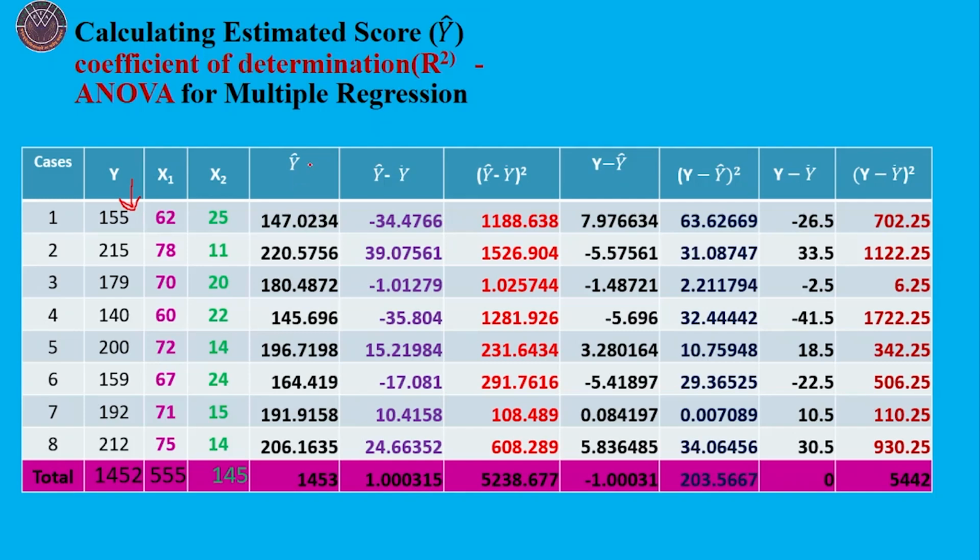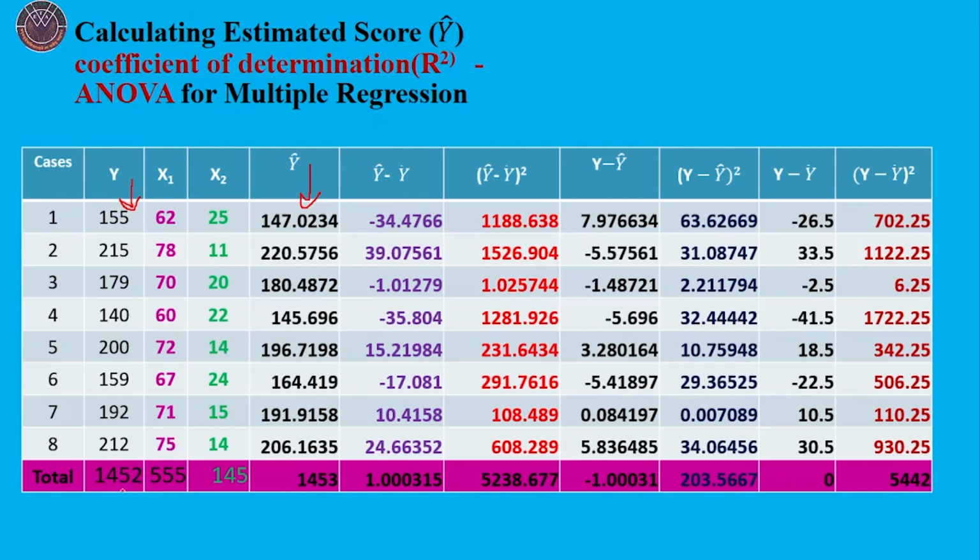So we get the value of y cap here. We get the regression, the estimated value of y, by using the formula y cap minus y mean, the mean of y. This mean of y is 1452 divided by 8, whatever value comes.